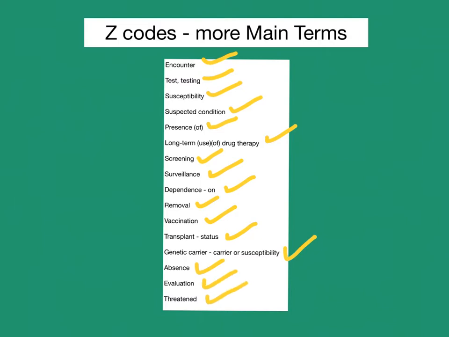Again, this is not an exhaustive list, but just some more ideas to help you brainstorm when you're coding. Note that these are not exactly diagnoses, right? But these are things that are affecting health status or contact with health services. So that's what Z codes are, basically, not diagnoses, but those other factors that may be affecting health services.